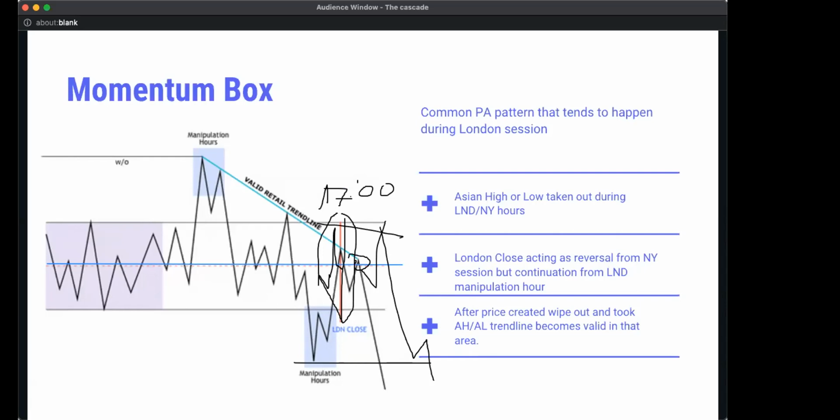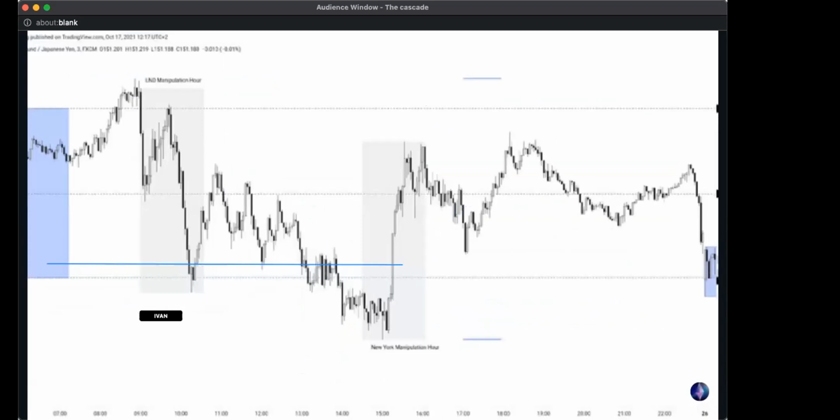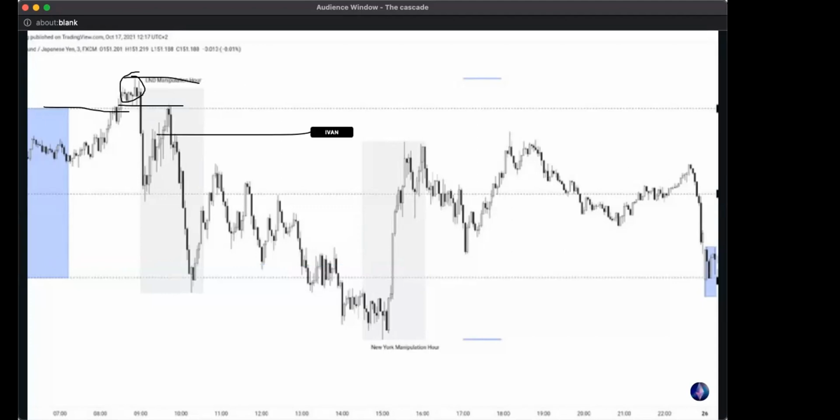Every session that starts, its job is to take the liquidity from the previous session, okay? I'll talk about Frankfurt because I don't think we listed it here, but this is basically an example on TradingView. You can see London took out Asia high, and everything from there, even small POIs and order blocks, will be respected.